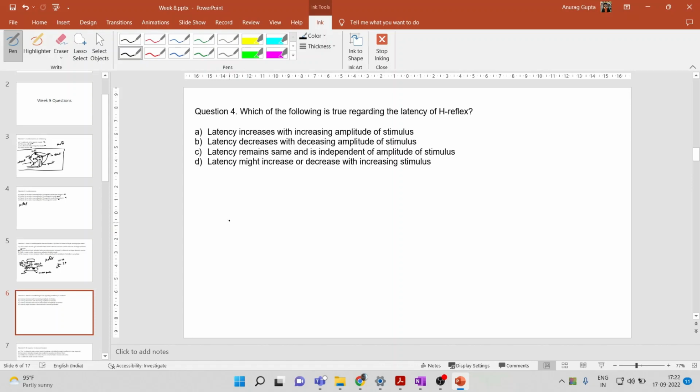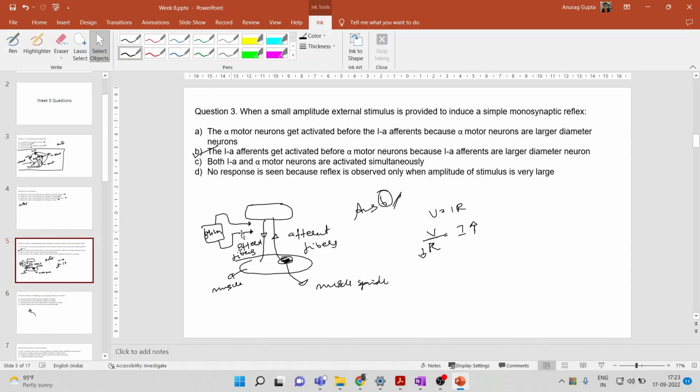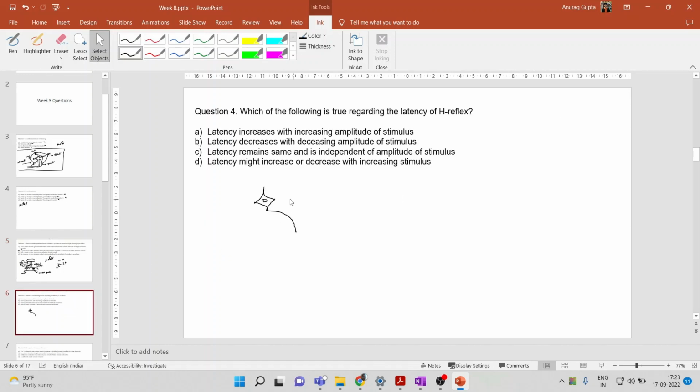So let us recall what happens. The situation is like this. Let us go back to this. So the 1A afferents, let me just erase this. So you have the muscle here.